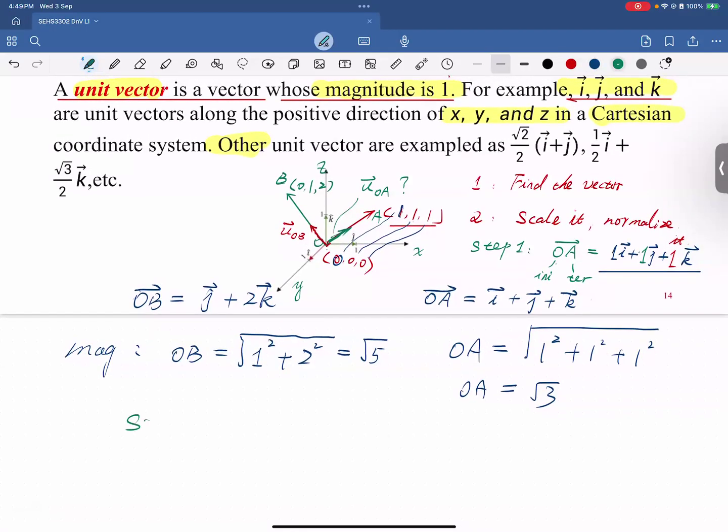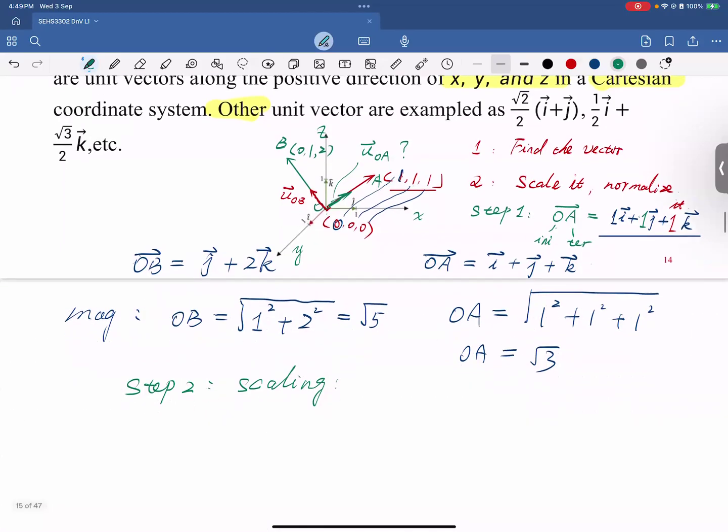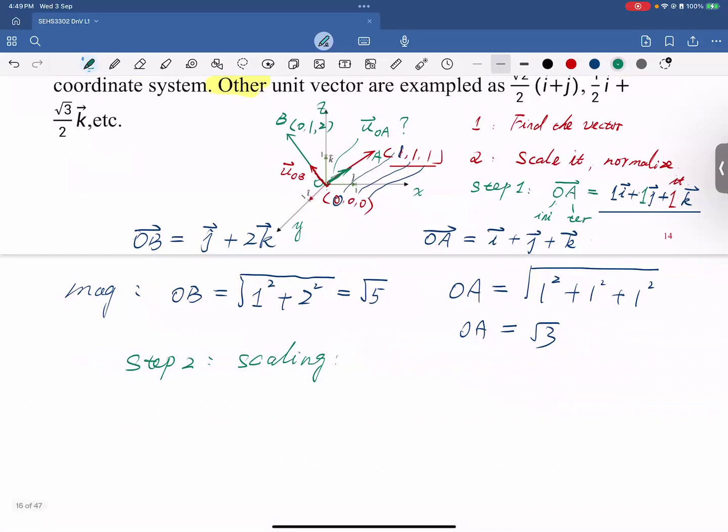If we want to find the unit vector, we have step 2. We do the normalization, we do the scaling, which means the unit vector along OA is the vector OA over its magnitude.